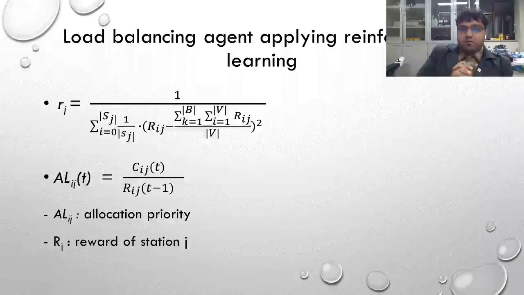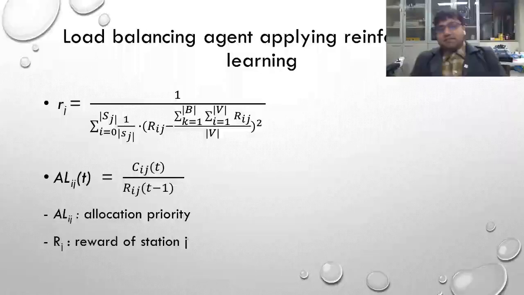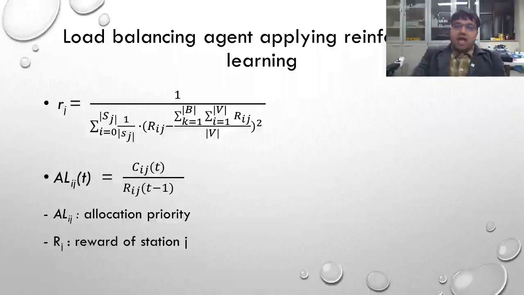If you don't allocate the load in a priority basis, your whole system will fail, because the online system focuses too much on how to get the load balanced and on a small left time. So this is the function for each reward based on the station, and the priority of this allocation.